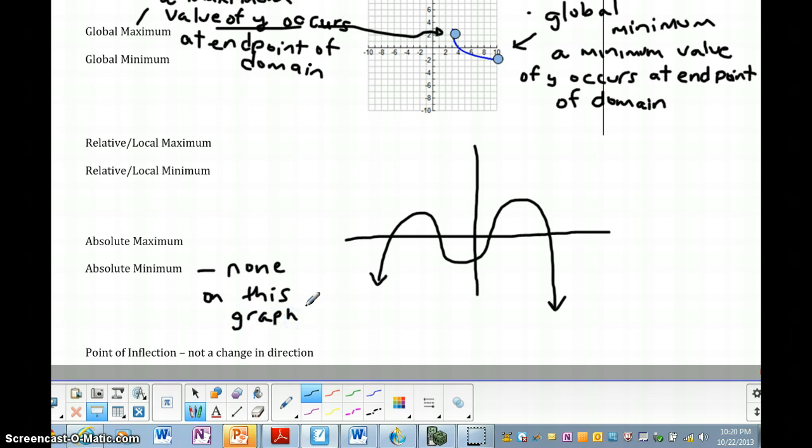An absolute maximum we actually do have on this graph, right? If you think about what a maximum is and the word absolute, our highest y value would be at this point here. So this point right here would be an absolute maximum.